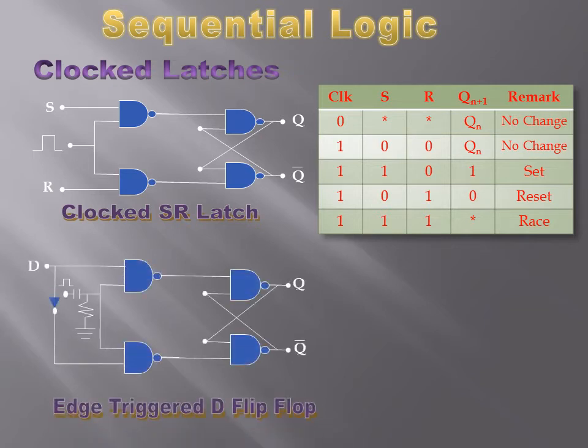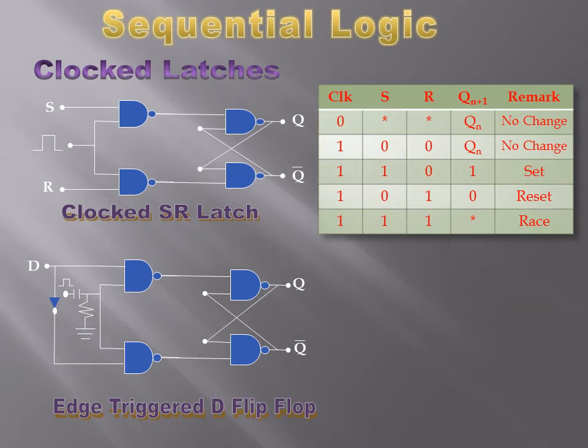Then we can connect the S and R inputs with the help of a NOT gate. Then it will form what we call a data flip-flop. What is important for this data flip-flop is that we avoid all other conditions: 1 1, where there will be a race round condition, and 0 0, where there is no change.